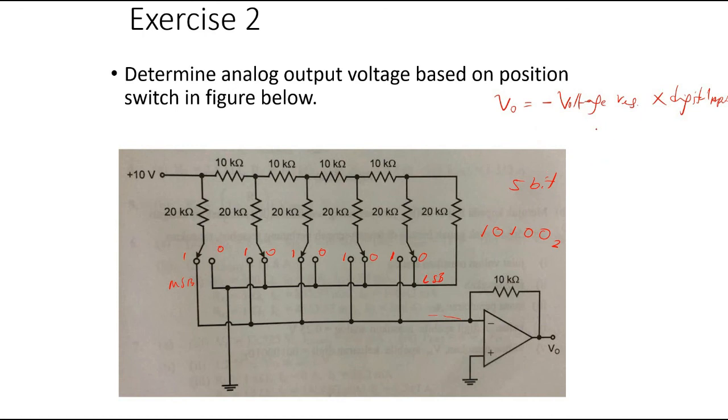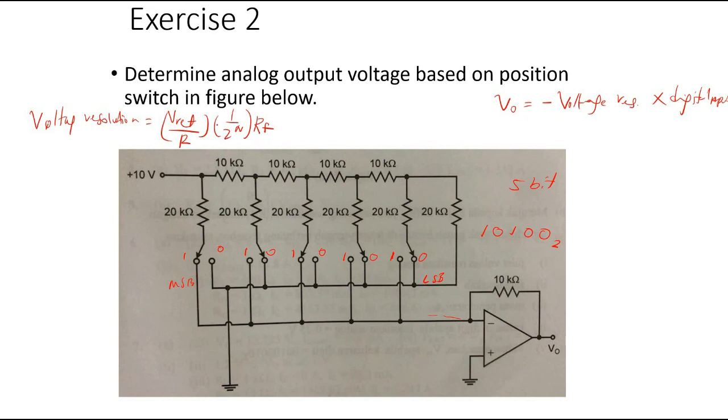So first kita nak kena calculate voltage resolutions. Okay. Untuk voltage resolution kita dah tahu equation voltage resolutions. So contohnya voltage resolutions equal to V reference divided by R multiply with 1 divided by 2 power of N multiply with RF.